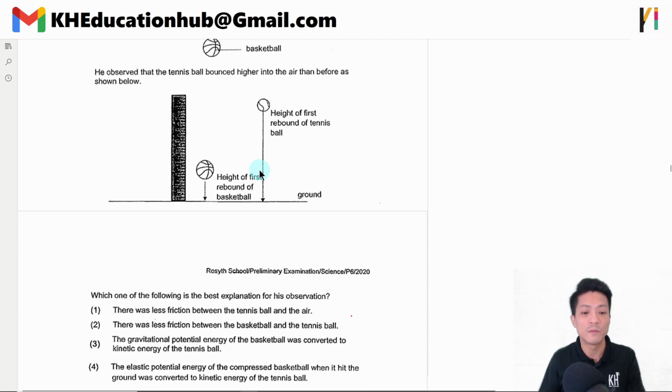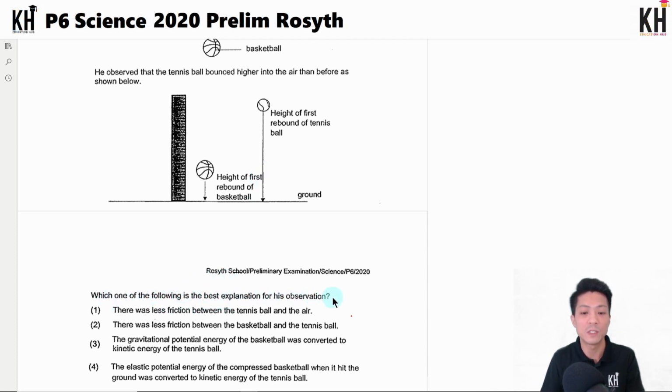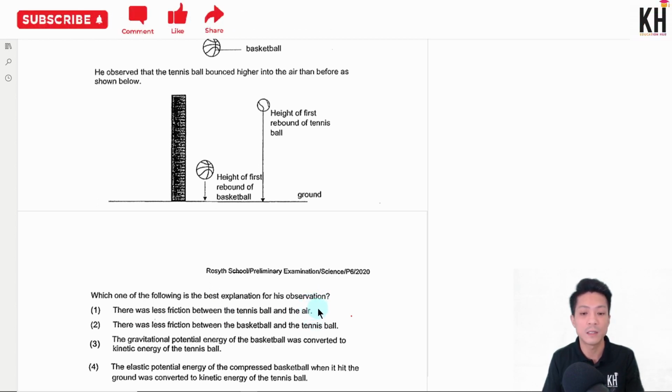Which one of the following is the best explanation for his observation? There was less friction between the tennis ball and the air. I don't think there is a change between the air and the tennis ball, so it should not be about friction. Less friction between the basketball and the tennis ball.